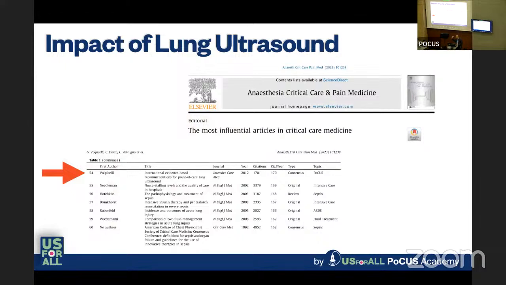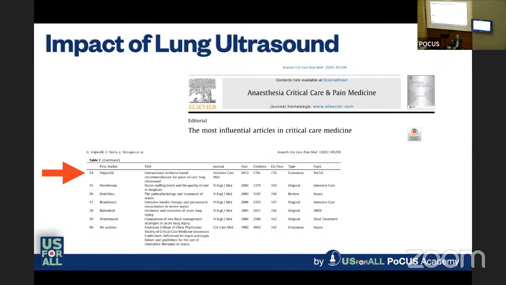And in this analysis of the top cited most influential articles in critical care, as you can see, this paper is in the ranking in the 54th position. So it means that in the history of critical care medicine, this document is in the top influential articles in critical care.